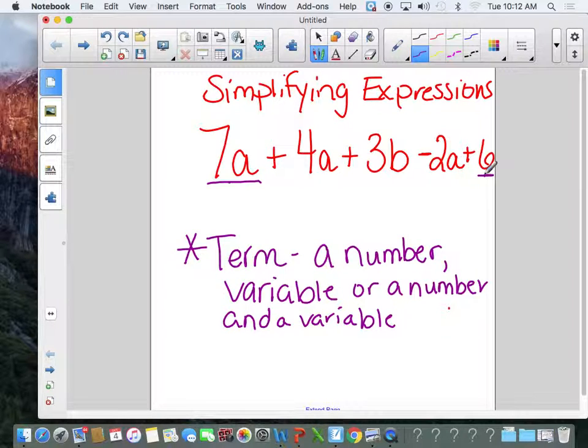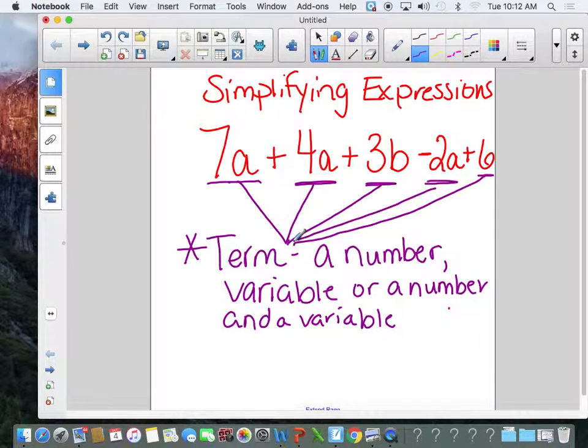All the way down here, 6. Someone else give me another one. Elisa. 4A. Someone give me another one. Adam. 2A. And the last one, Francesca. 3B. Those are all terms.